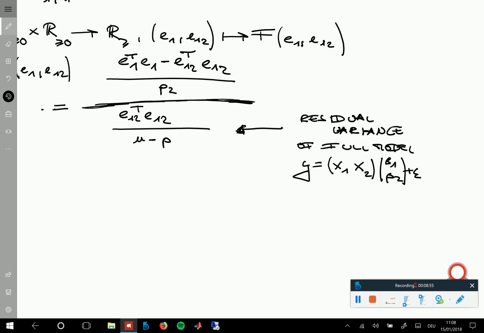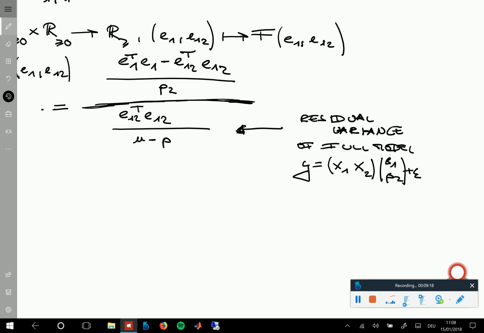So here we have this E1 transposed E1. That's the residual sum of squares under the reduced model, and from this is subtracted the residual sum of squares under the full model.